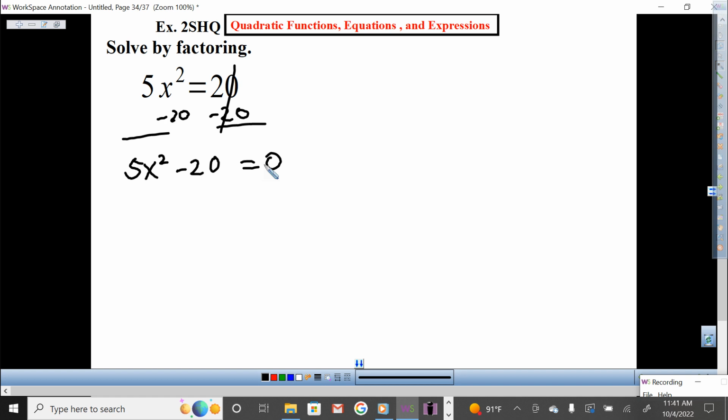Can we factor that already? No. Before we do the difference of squares, can we find the GCF? Yeah, GCF is what? 5. That leaves us with x squared minus 4 equal to 0. Factors of x squared minus 4. Braden, go.